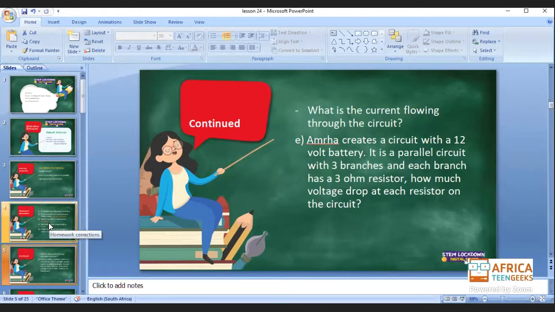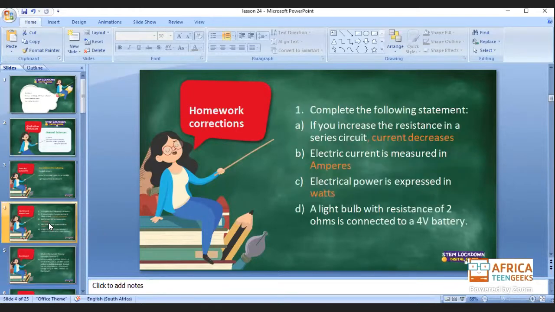Complete the following statements: a light bulb with a resistance of 2 ohms is connected to a 4-volt battery. What is the current flowing through the circuit? Is it 0.5 amperes, 5 amperes, 2 amperes, or 1 ampere? 2 amperes. Thank you very much.